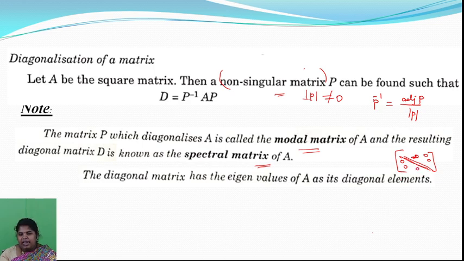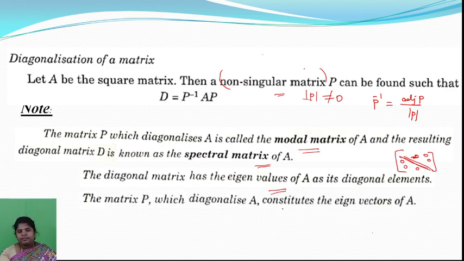The diagonal elements must be the eigenvalues of the given matrix A. So after finding the eigenvalues and solving for the diagonal matrix, we obtain the diagonal elements as eigenvalues. The matrix which diagonalizes A has the eigenvectors. I have already said the eigenvectors of A are written in matrix form, which is our capital P.